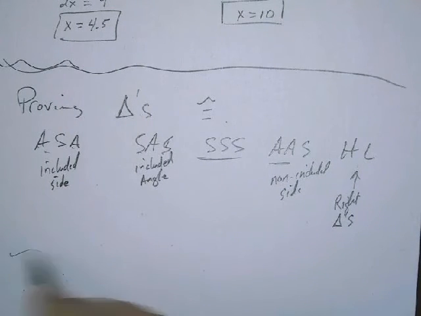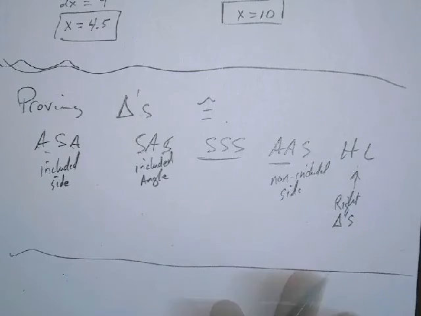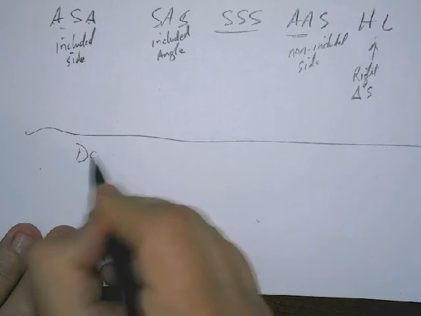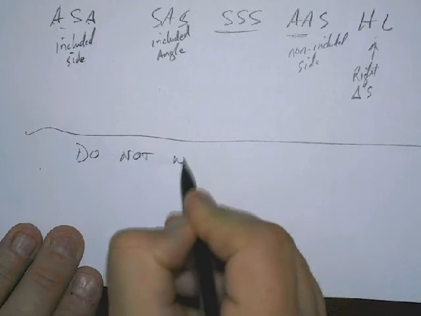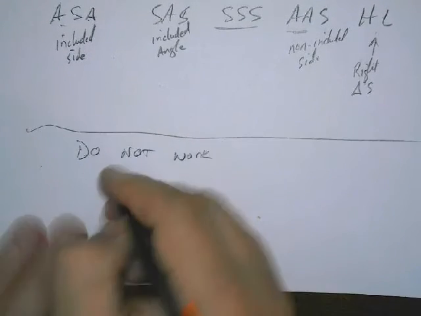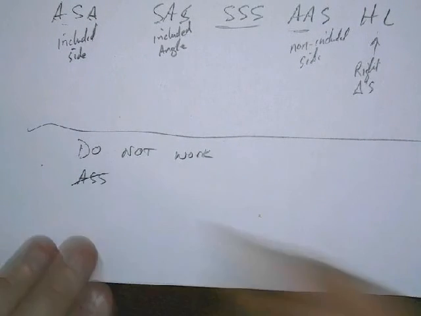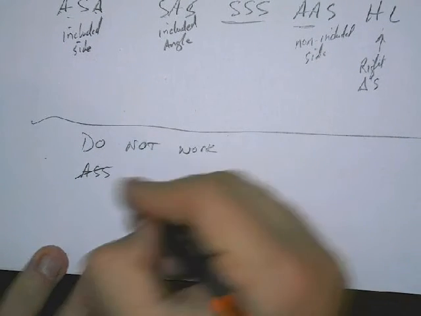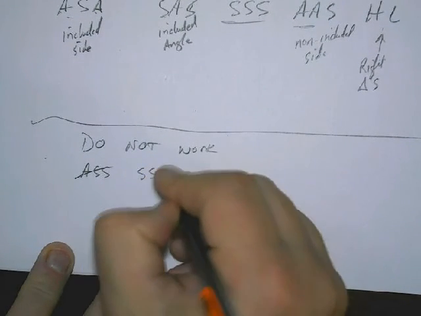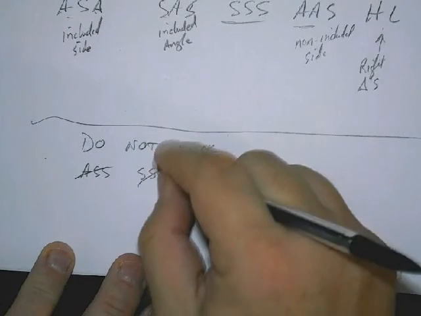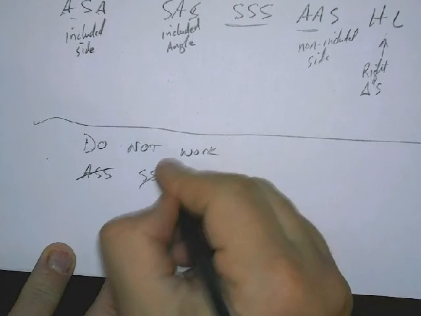Now remember, there's really only a few ways that do not work. The dreaded one, we've already talked about that. There's no donkeys in geometry class. Remember, it doesn't matter how we spell it.